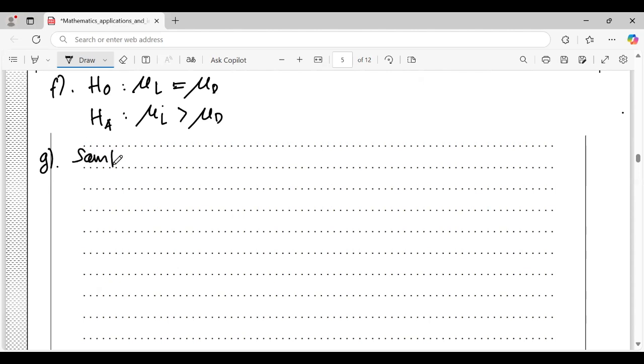Okay, the sample mean, X bar. So X1 mean equals 171 according to the data I'm going to show you.